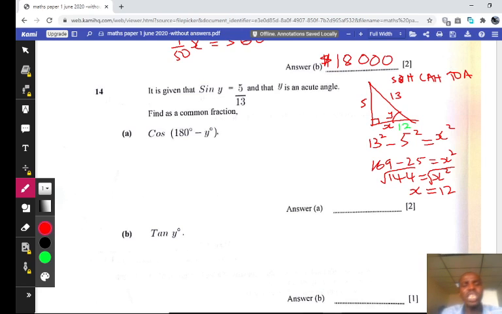So what is the relationship between the two? For example, if you take y equal to 30 degrees, then cos of 180 minus y will be 180 minus 30, it will be 150 degrees, right?